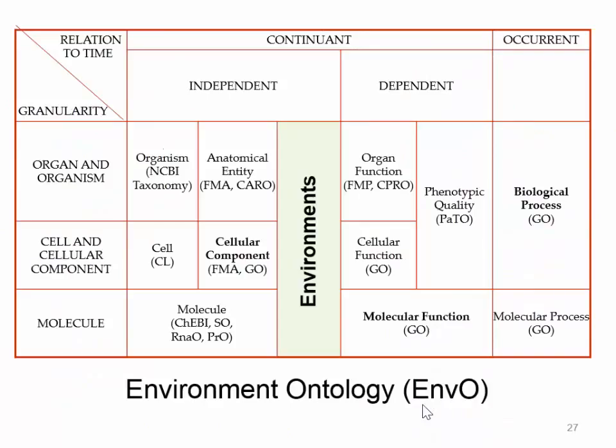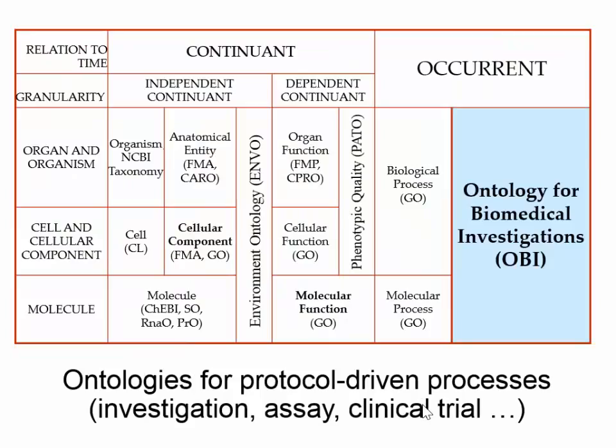I said that the OBO Foundry framework was being extended. It was extended to include environments with the ENVO ontology. It was extended to include experimental protocols and everything which has to do with those processes which are involved when we carry out biomedical investigations in the OBI ontology.